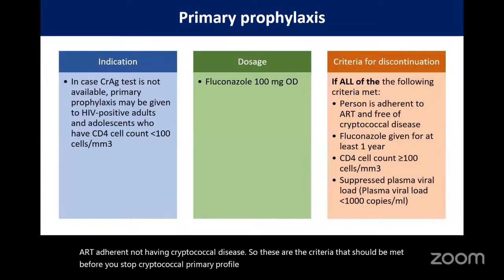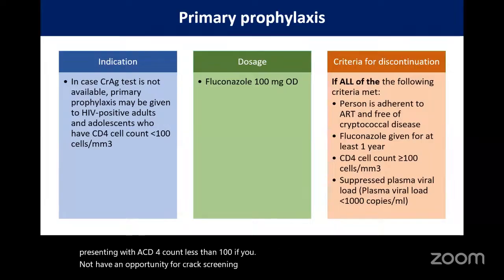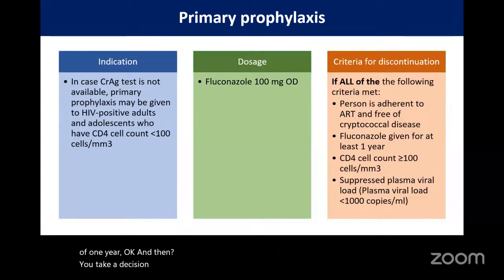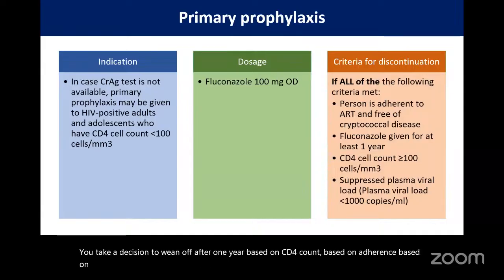So please remember, for all patients presenting with a CD4 count less than 100, if you do not have an opportunity for CRAG screening, please initiate cryptococcal primary prophylaxis, but don't stop immediately after 1 month, 2 months, 3 months. No, this is for a minimum of 1 year. Okay, and then you take a decision to wean off after 1 year based on CD4 count, based on adherence, based on the viral load available. So this is one thing I want you all to remember.